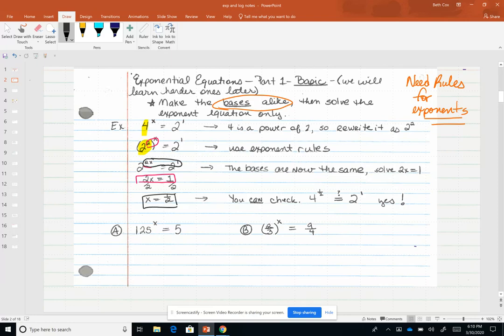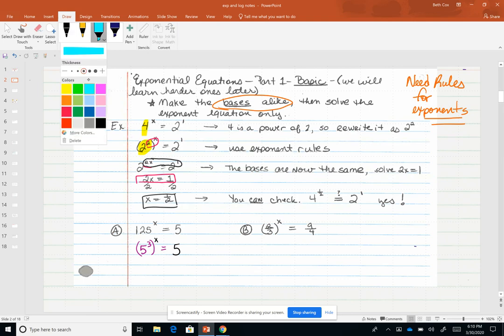So let's check this next one. 125 is 5 to the third. Now I have that memorized, but it is on that sheet. And so 125 is 5 to the third, and then that's raised to the x power, and then 5. All I did was make that substitution from here to here.